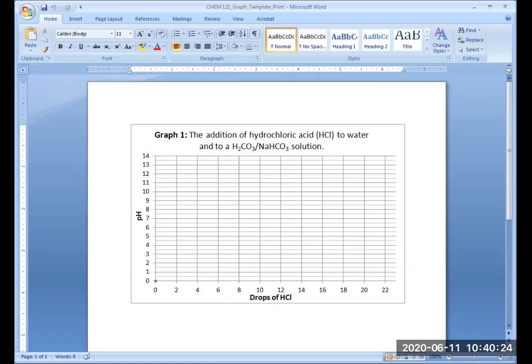That's important here. This is not prepared for you. You need to label each curve and say this curve is the pH of water, and the first curve is the pH of the carbonic bicarbonate buffer. So if you want to print, you would use this.